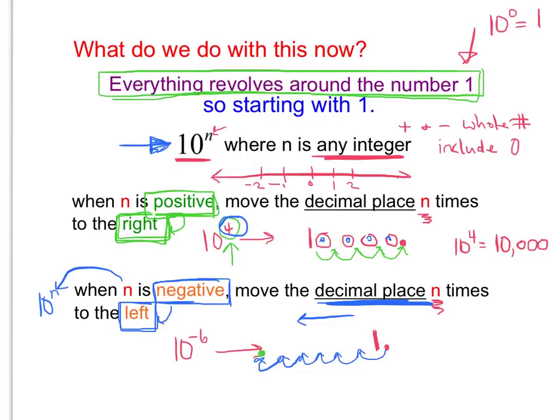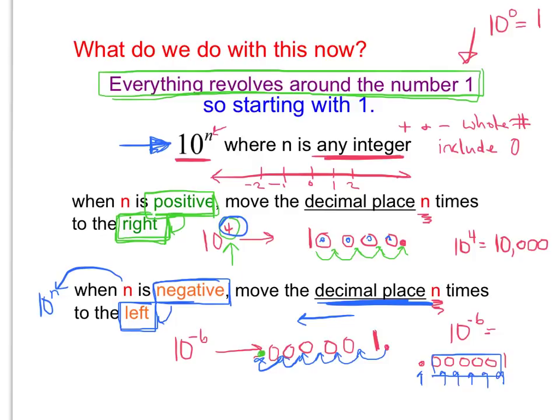So my answer here, 10 to the power of negative 6, is equal to 0.000001. Now this is a little bit different than the positive example, because how many zeros do I have? Well, I only have 5 zeros. But if I look at this, the 1 is 1 decimal place, 2, 3, 4, 5, 6 places away.